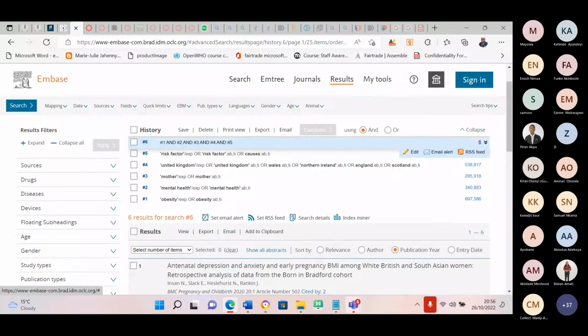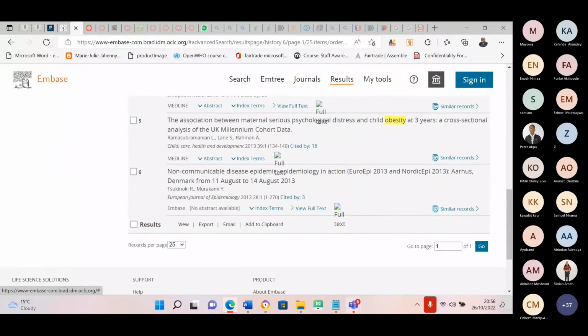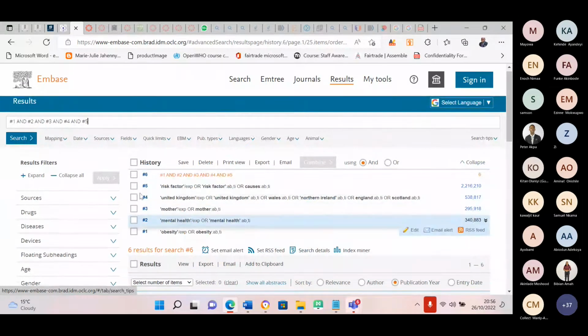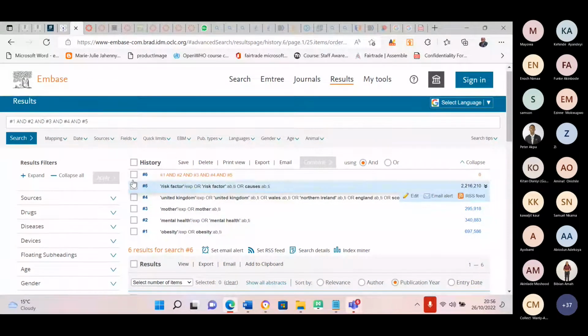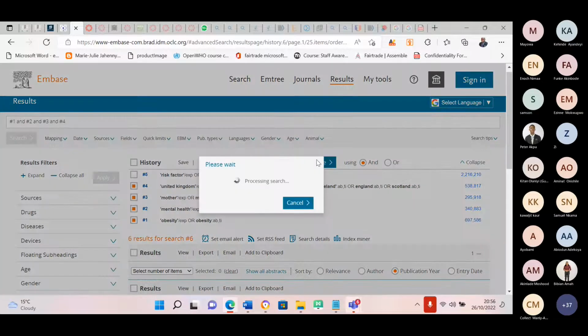So what I will do is delete this last one, and then I'll combine it again. So let me combine 2, 3, 4, using AND, combine.